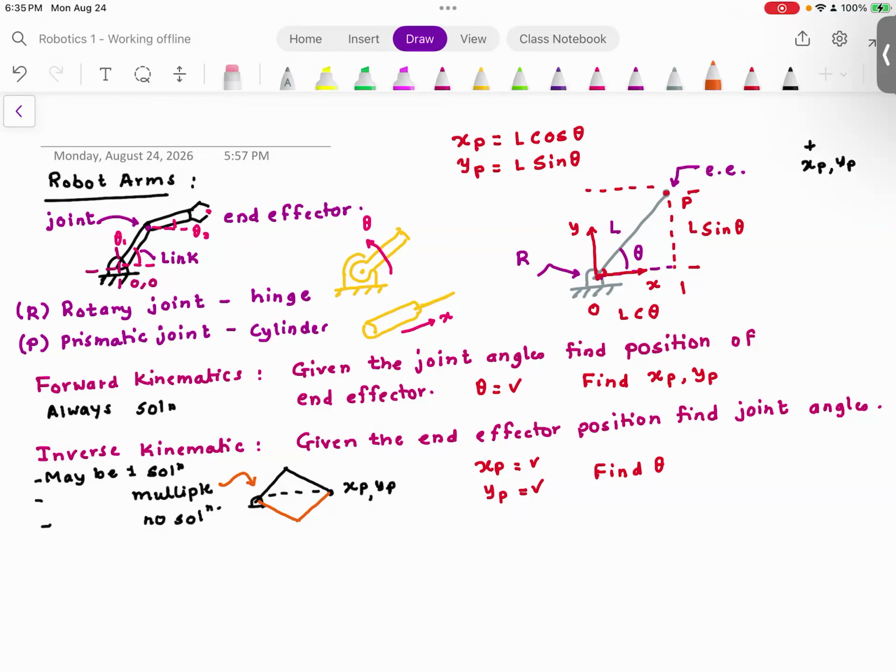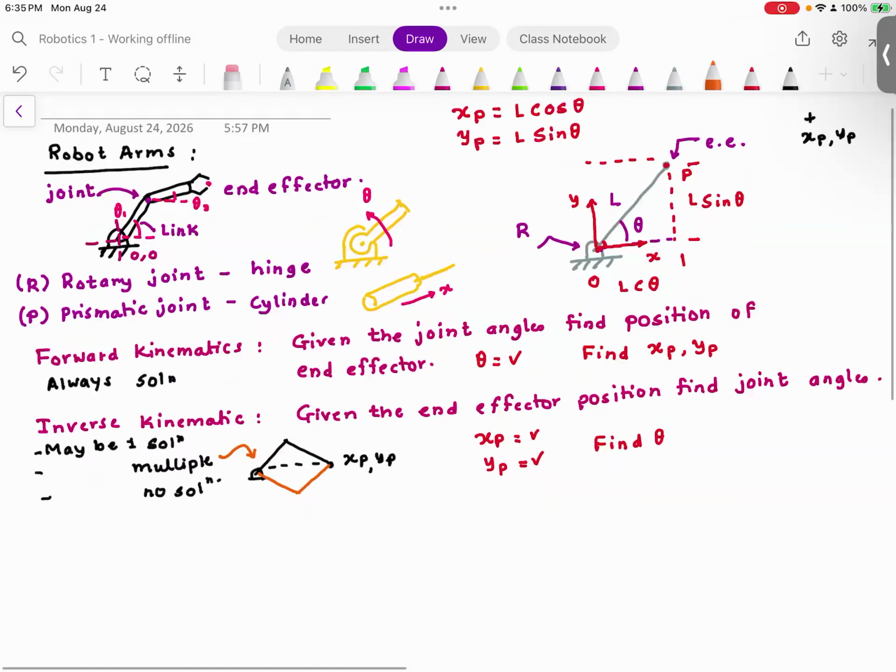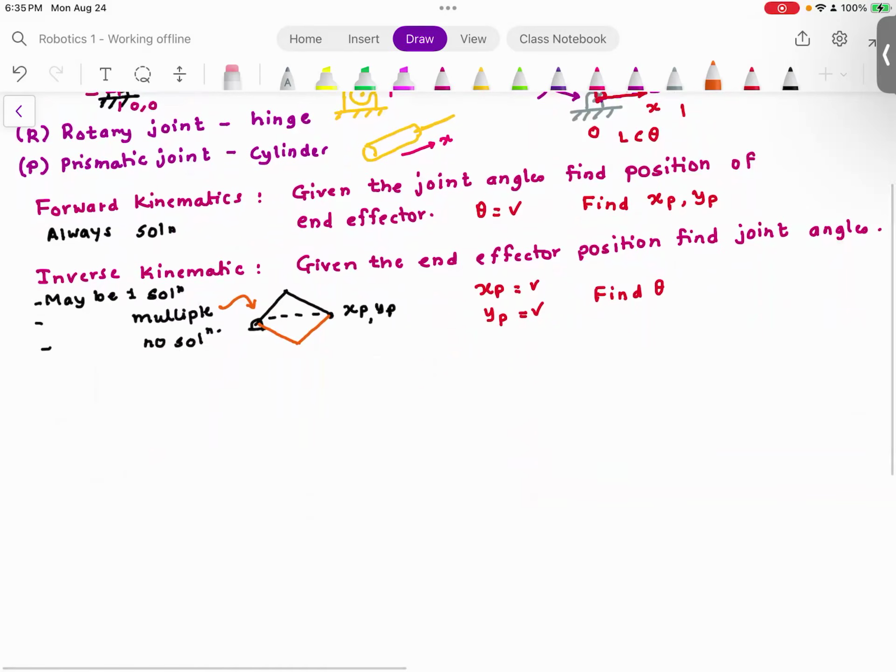So when we are going to perform forward kinematics or inverse kinematics, we will use this kinematic diagram to perform these calculations. Now, one important thing is whenever we are solving the kinematics problem.